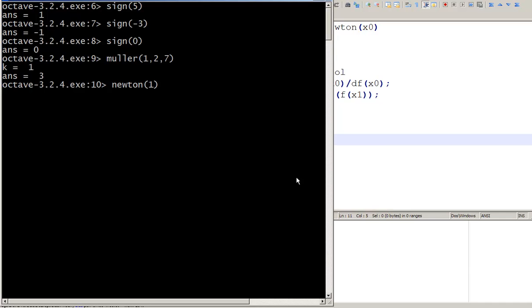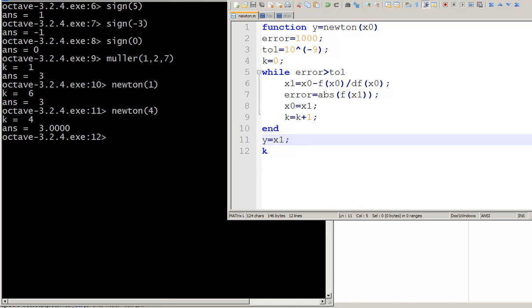Let's put 1. Okay, so it found the solution. The answer is 3, and it took 6 iterations. Let's try different values to see what happens. If I start with my initial guess being x equals 4, then it takes 4 iterations. So that's Newton's method.